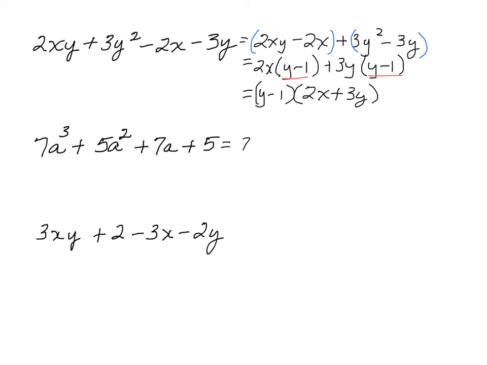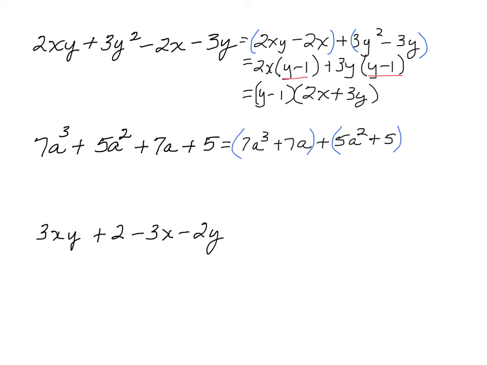Let's put the 7a cubed with the 7a. And let's put the 5a squared with the 5. And then I'm going to group it. The signs in this case don't matter because they are all positive.